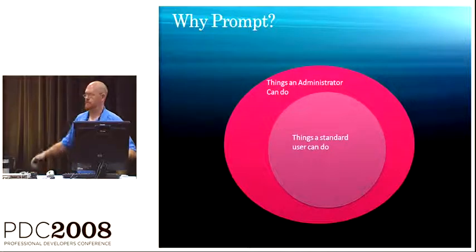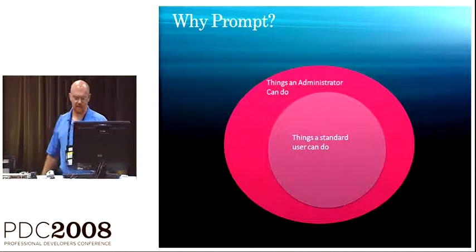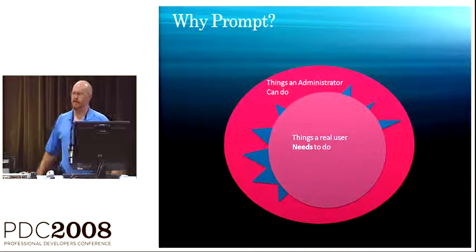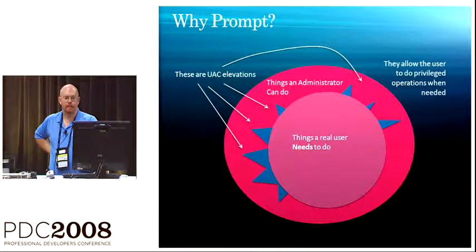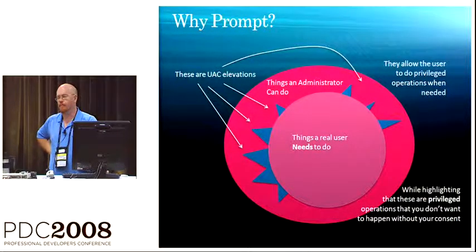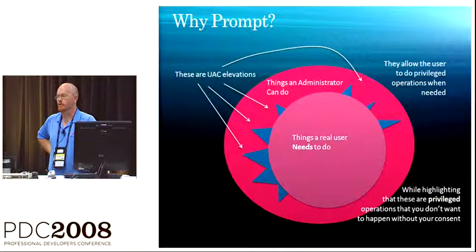The smaller circle is a subset. These are things that a standard user can do. These are things that real users need to do. And that's what UAC is there for, is to allow you to elevate to do those necessary things, while highlighting that they are privileged operations, that you don't really want malware or stuff doing to you.